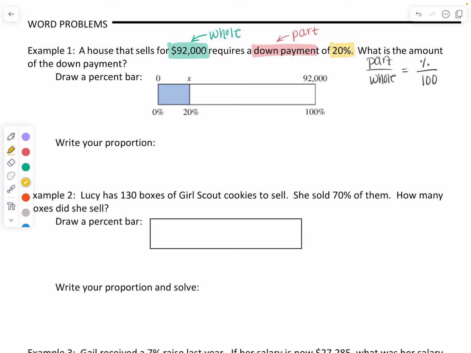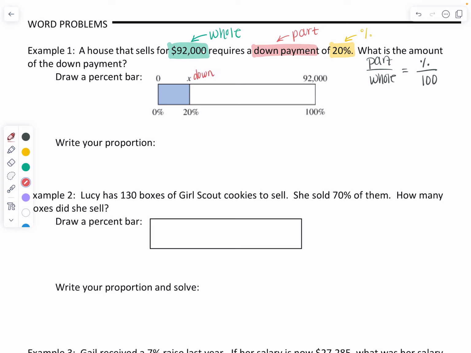The good news is the percents are pretty easy to identify. Now, we already drew the percent bar here just to get us still used to drawing these percent bars. So I've got my 20% on the bottom corresponding with X, the part, because I don't know it, which is, remember, the down payment.